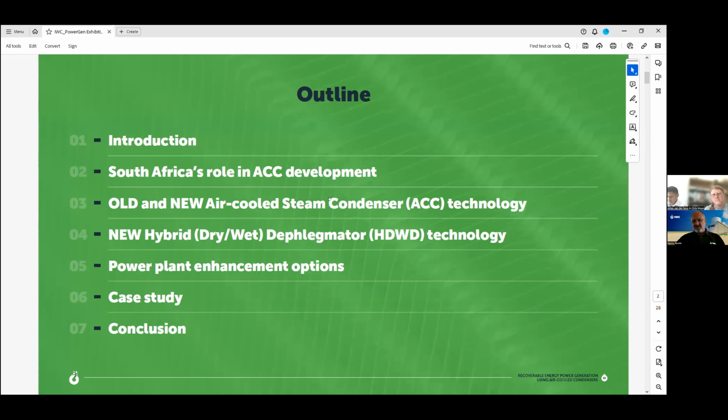I'll tell you how one can improve power plant performance by enhancing air-cooled condensers, and then give you some numbers from case studies that were done, and conclusions. And then afterwards, we'll pose some questions to the panelists to initiate some discussion on this topic, and to hopefully make it clearer how interesting and important this topic is.